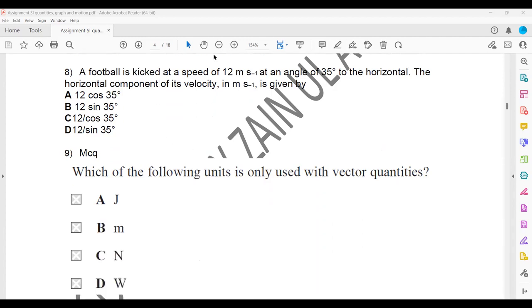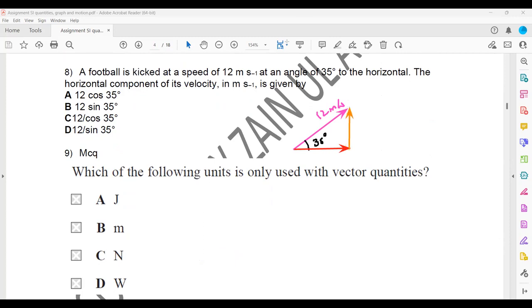In question 8, a football is kicked at a speed of 12 meter per second. It's kicked with a speed of 12 meter per second at an angle of 35 degrees to the horizontal. What is the horizontal component? How to work out the horizontal and vertical component? So this will be the horizontal component and this is the vertical component.